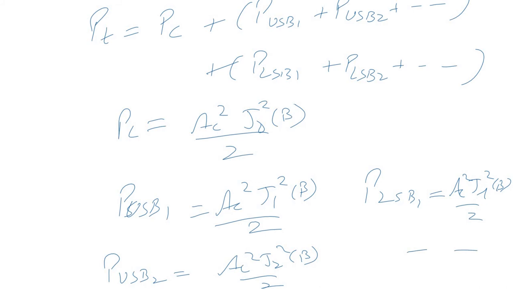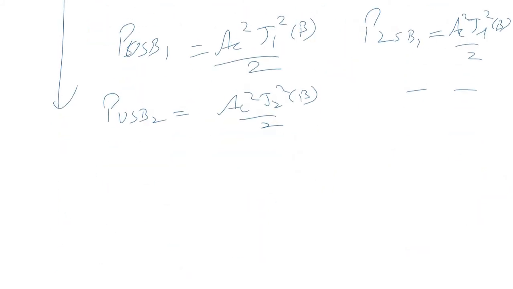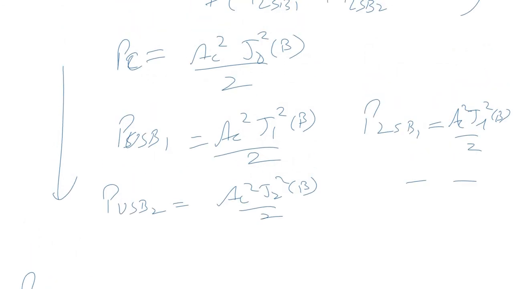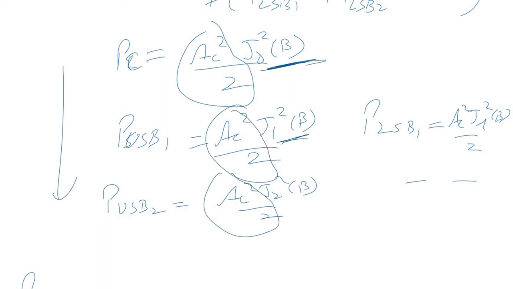So if we add all these powers, the power of the carrier and the power of infinite sidebands, we can see that in all the components this AC² by 2 is a common term, and we have the squares of different orders of the Bessel functions.